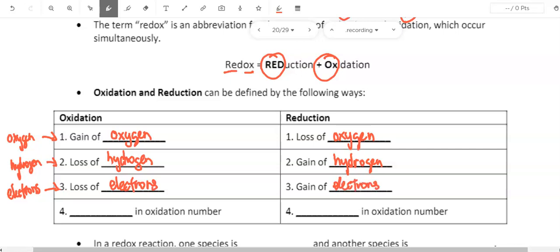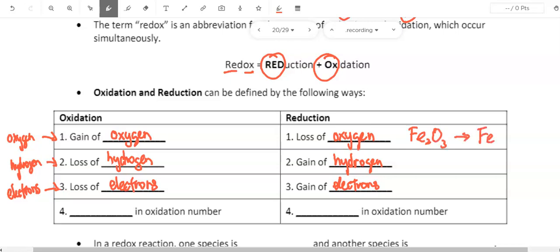Now, before we go into the fourth point, I just want us to look at the first 3 points. What exactly does it mean by the gain of oxygen, the loss of oxygen? One very simple way of looking at reduction is a blast furnace reaction, where we have iron trioxide, Fe2O3, becoming Fe.